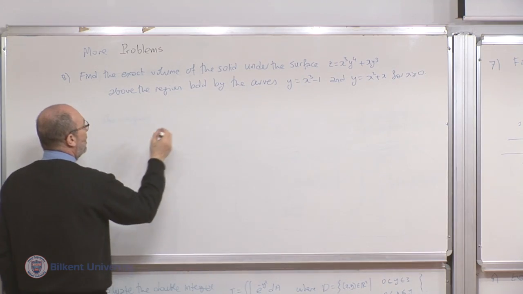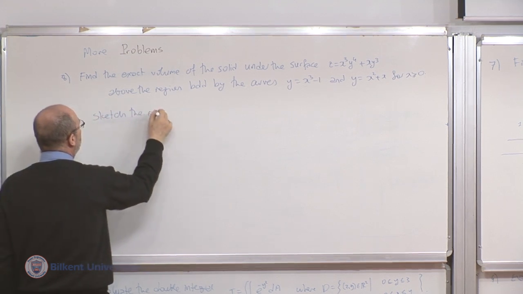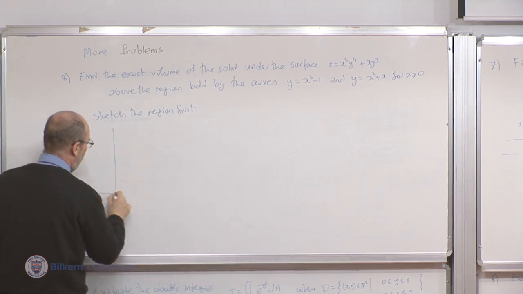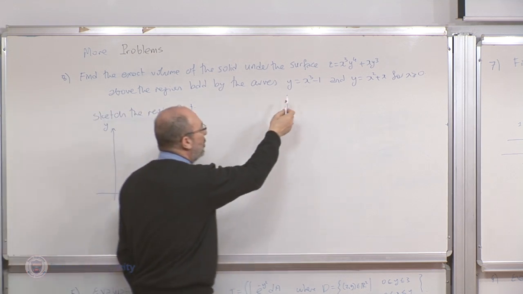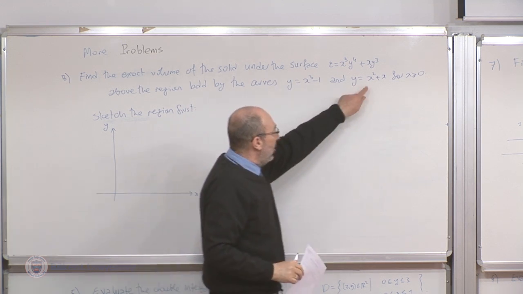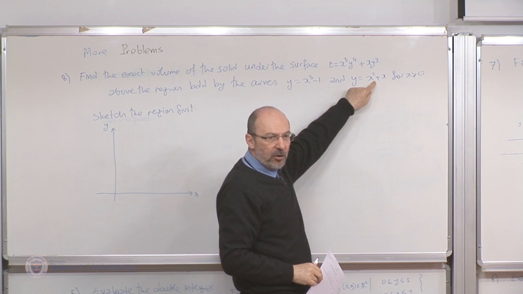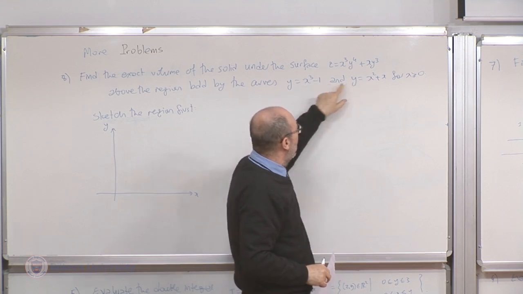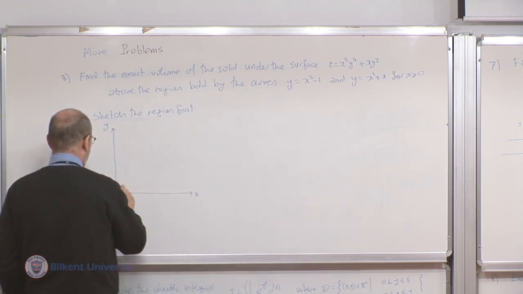Okay, so let's sketch the region first. We sketch these two curves. You see this is always positive. It's a parabola. It starts from the origin, since we are only looking at positive x. And this is a usual cubic, but it starts from minus 1 when x is 0. So the curves are something like this.